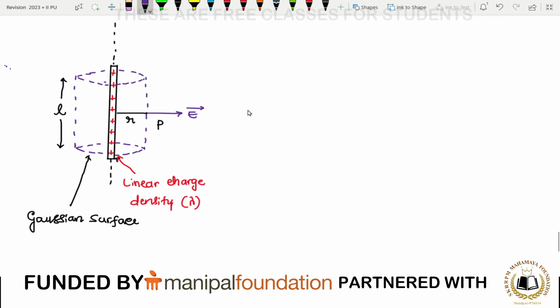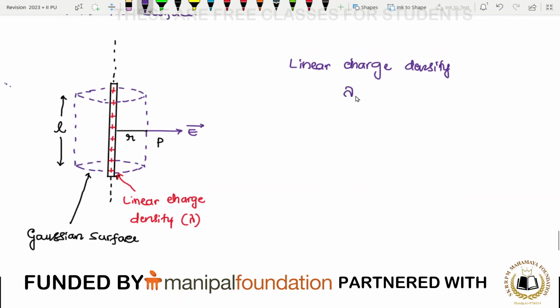Okay, so briefly, we are going to derive this. First comes linear charge density. What is this linear charge density? That is lambda, equal to Q by L, or Q is equal to.